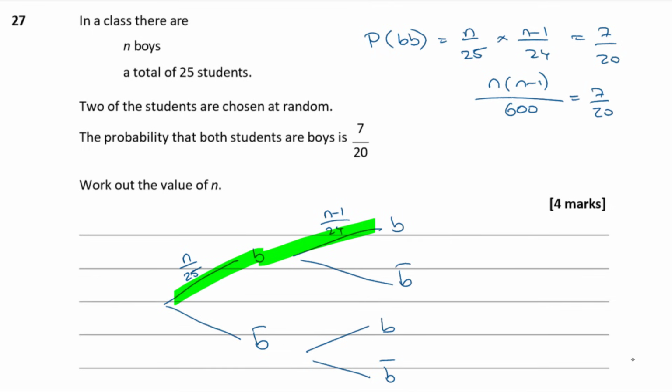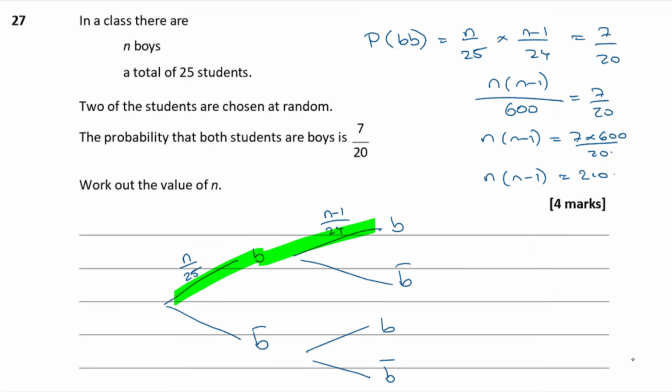So what could we do here? We cross multiply that 600 over, so I'm going to get n(n-1) is 7 times 600/20. 600 times 7 divided by 20 comes out to be 210. So n lots of n-1 is equal to 210.